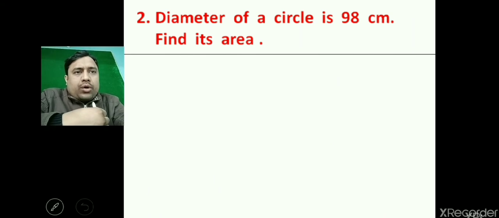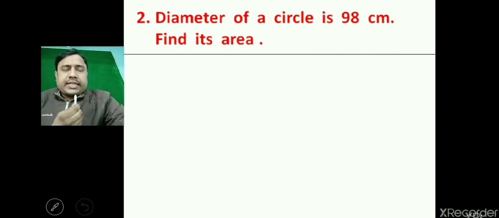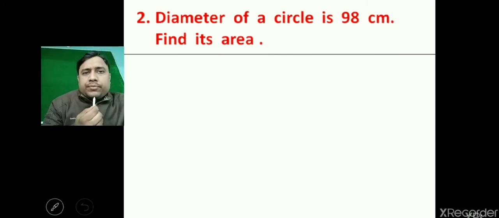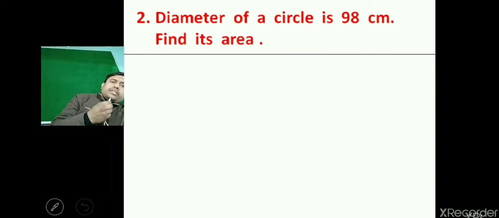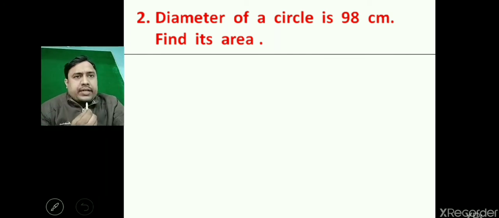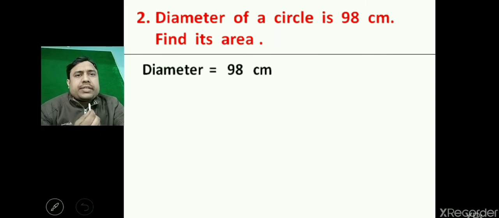Now in this question, the diameter of the circle is 98 centimeter. You have to find the area of this circle. First write what is given: diameter is 98 centimeter.